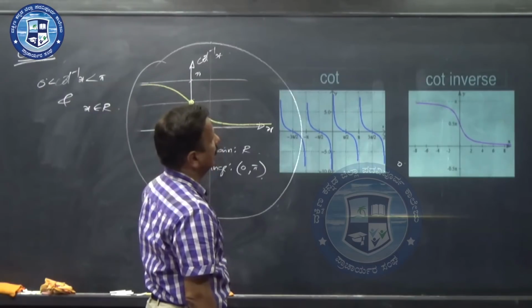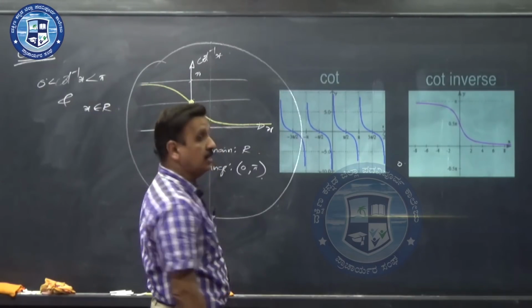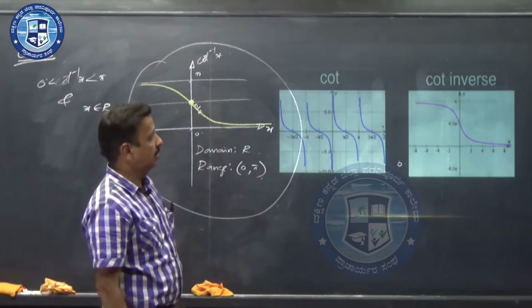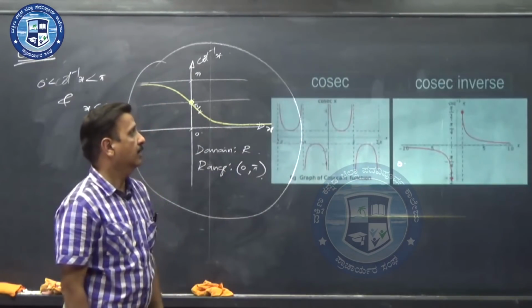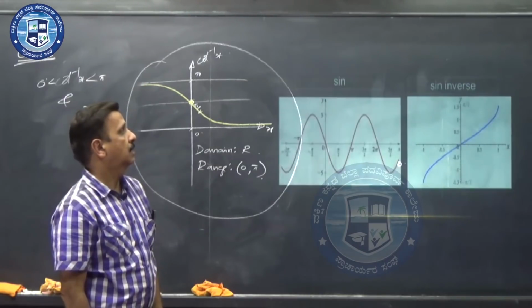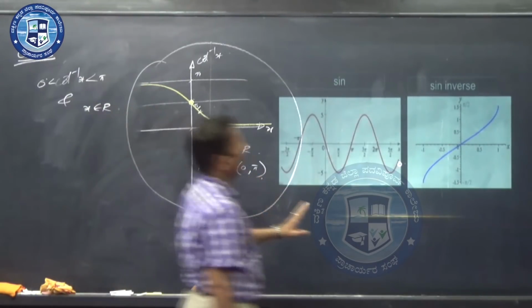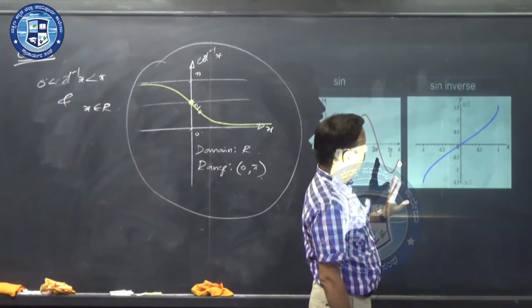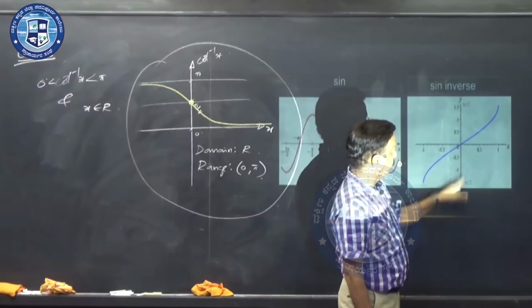Once again, let us see only the graphs of sine inverse, cos inverse, tan inverse. Sine inverse graph, this I already explained. This is minus pi by 2 to plus pi by 2.